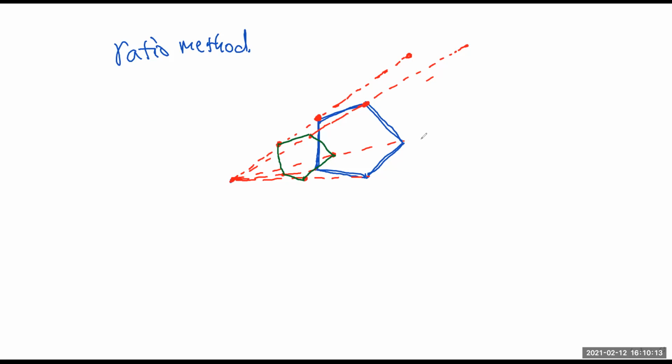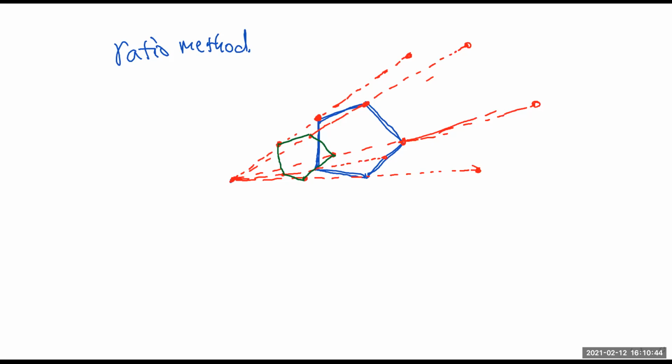And this one we extend, making sure the distance from here to here is the same as from here to the origin. And this one we extend somewhere here, and this one gets extended somewhere here. So now we have points here, here, here, here, here.